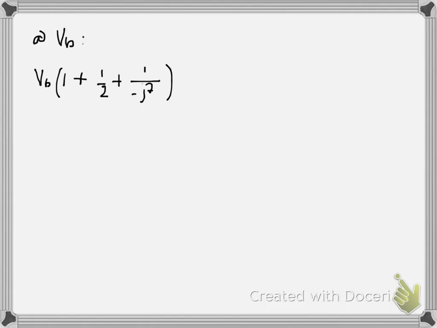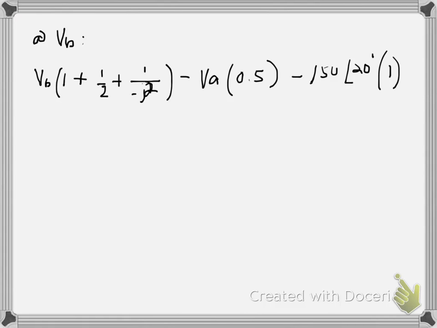So these are the admittances linked to that node, minus VA times 0.5 minus 150, the supernode, angle 20 times 1 equals 0.